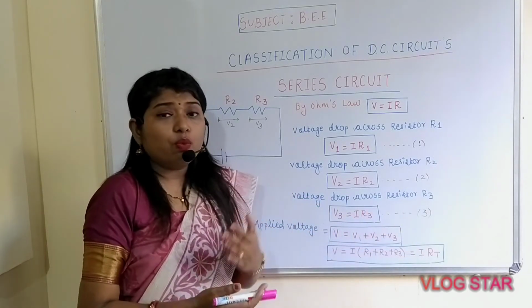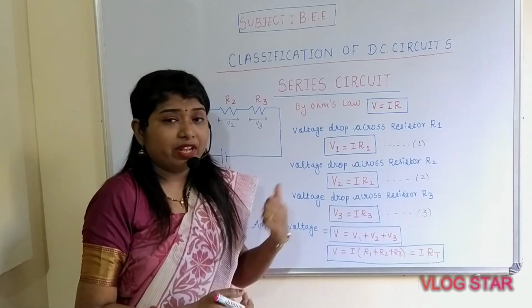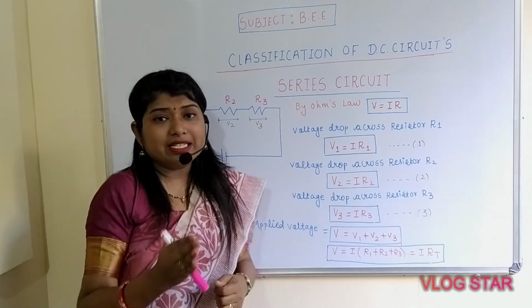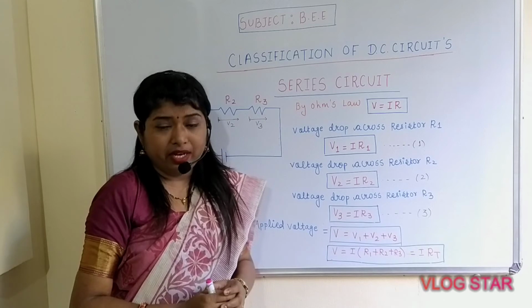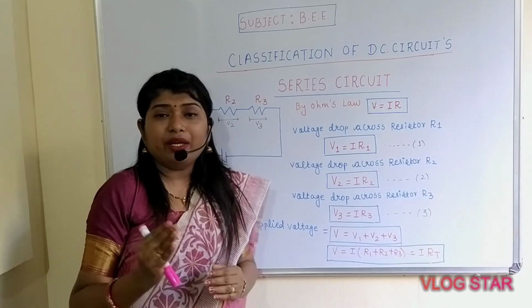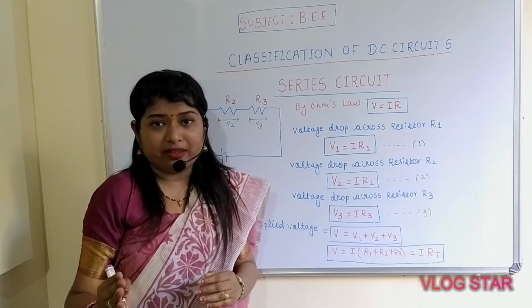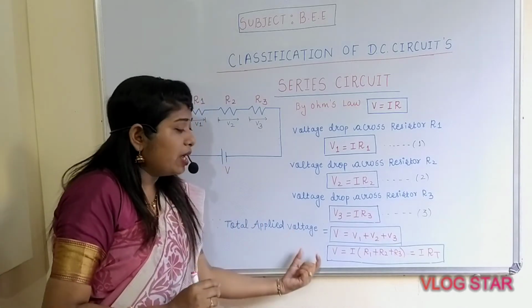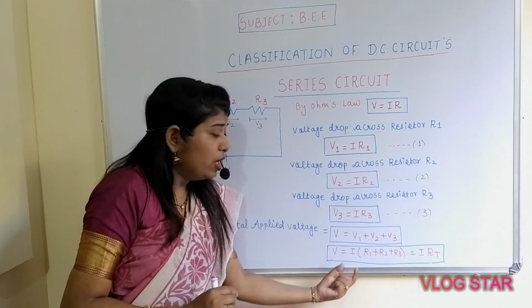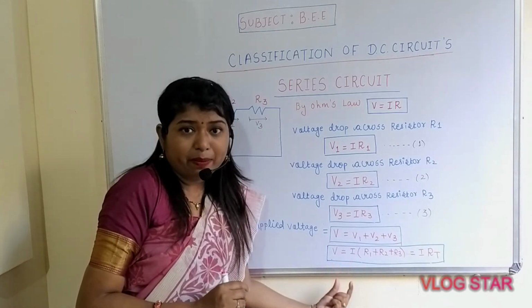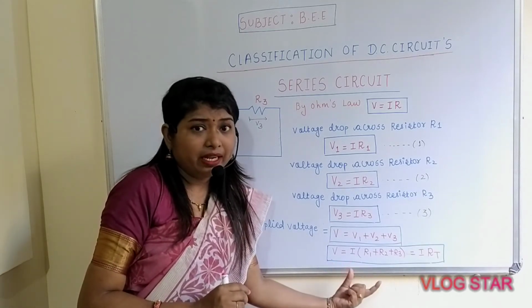So in this case, you have to consider applied voltage V is equal to V1 plus V2 plus V3. So what would be the values of V1 that we have calculated? V1 is equal to I into R1, V2 is equal to I into R2 and V3 is equal to I into R3. Am I right? So the total applied voltage is equal to, you need to take I outside the bracket. What is there inside the bracket?